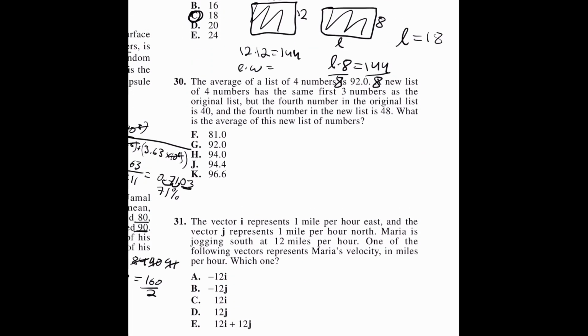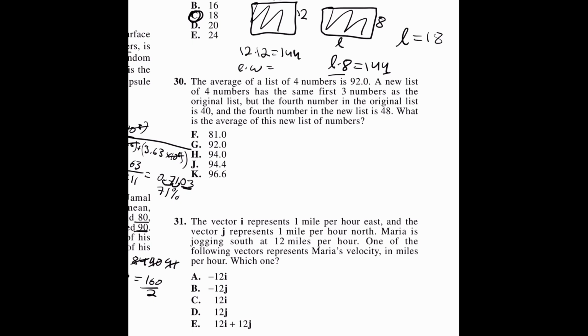Okay, I'm going to erase the bottom of these numbers so we can read the next problem. Okay, so the average of a list of four numbers is equal to 92.